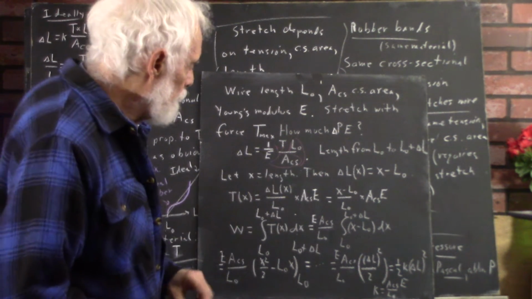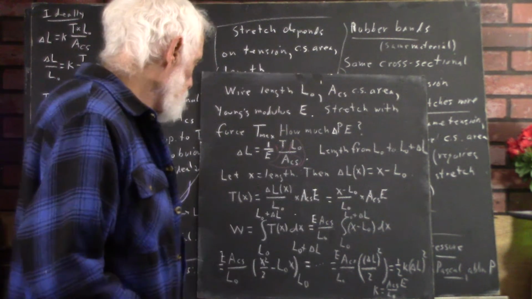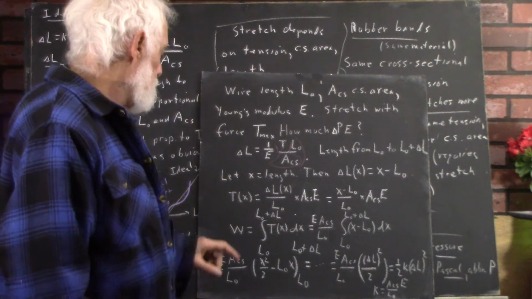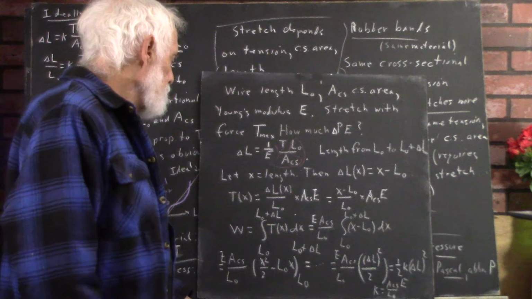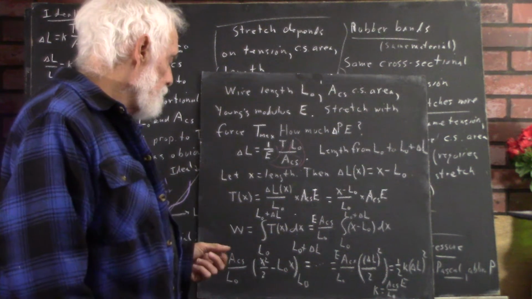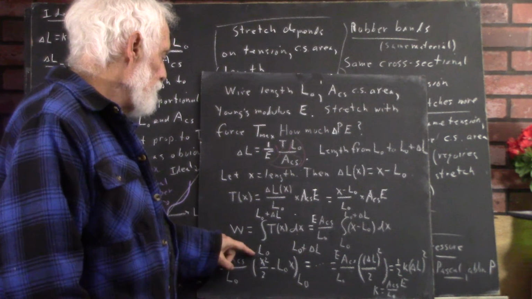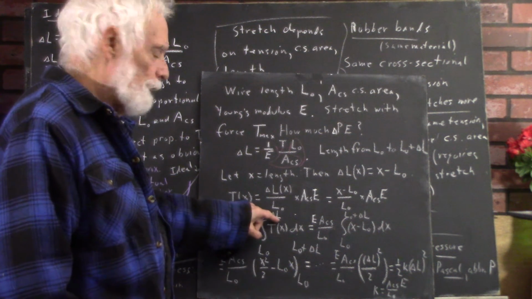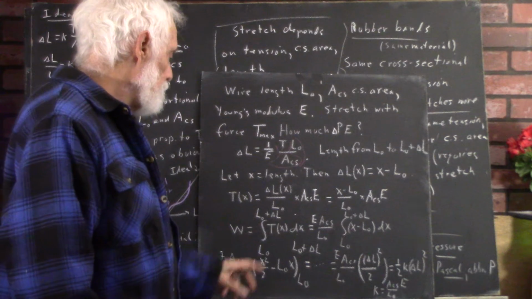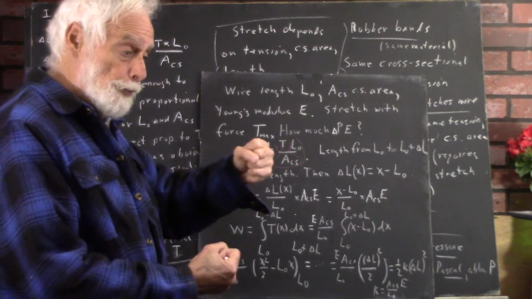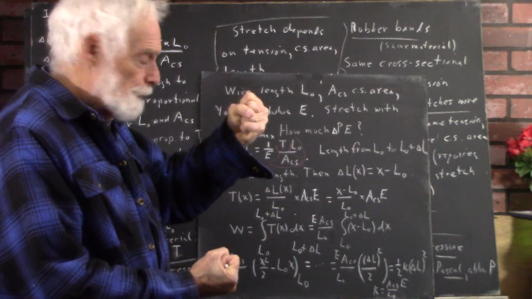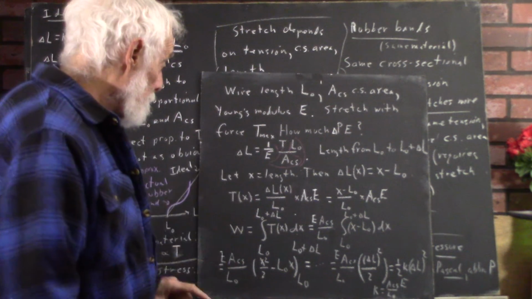I don't want to go too far into intuitive explanation of all these things without being able to write things out. So the work done to stretch is the integral of the T of x from L naught to L naught plus delta L. You're just going to integrate your tension, which is the force you have to exert, the changing force you have to exert to keep stretching the wire.